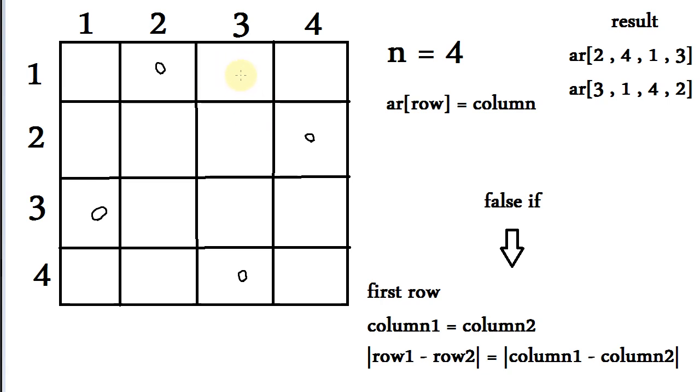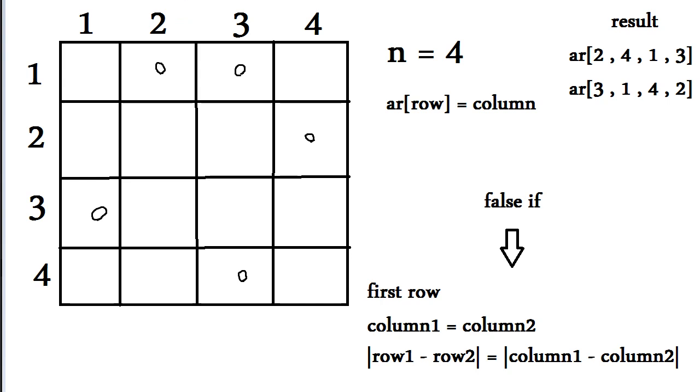Now we've reached here, and this condition is met. This is our first row, so we do not check for this or this. This is our first row, and when we reach here, we put the column in this array.